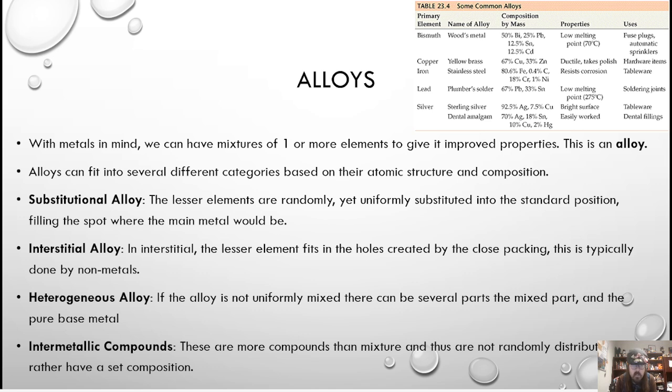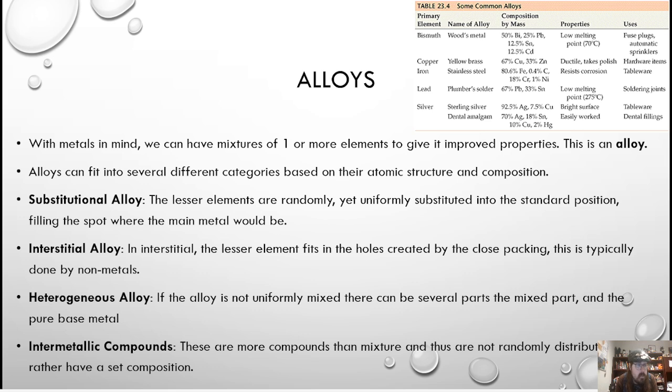There's heterogeneous alloys, where the alloy is not uniformly mixed, but it can be several parts, the mixed part and the pure base metal. For example, galvanized steel, which we'll talk about at the end of the semester again, is an example of a heterogeneous alloy. You take steel and you dip it into zinc, and you get a thin little shell of zinc around the steel.